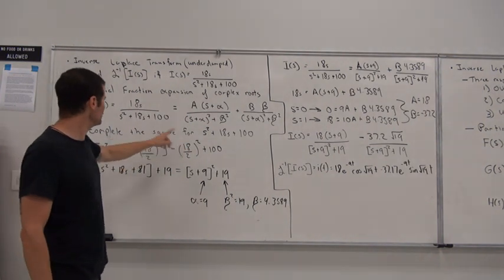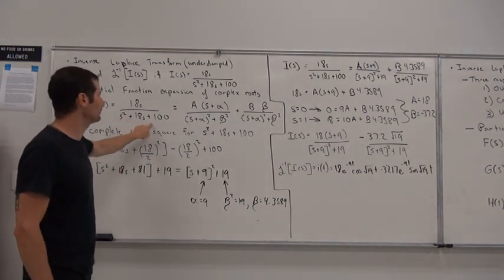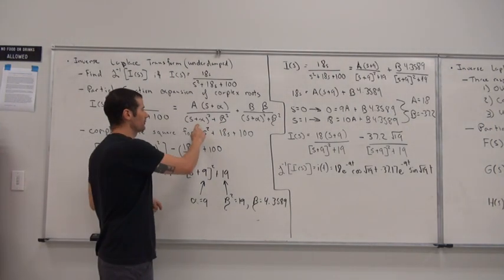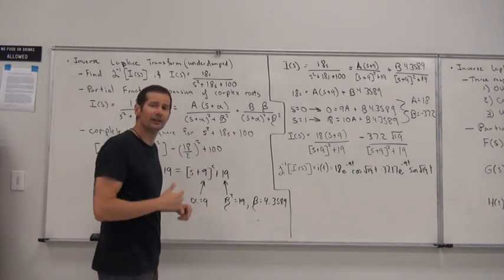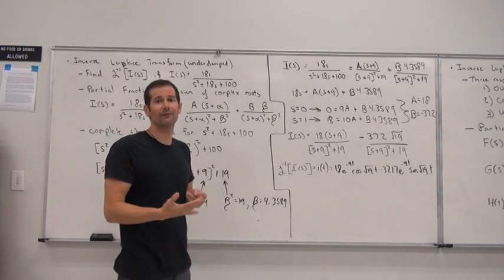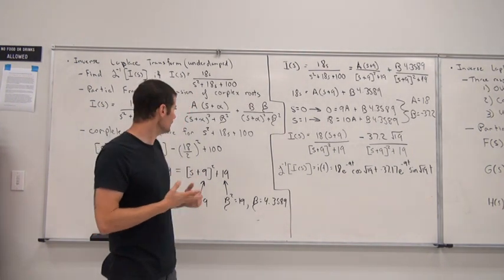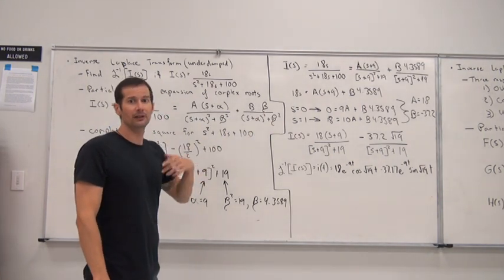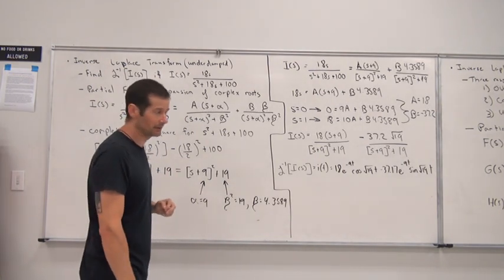So we have to complete the square of s squared plus 18s plus 100 to put it into this form of s plus alpha squared plus beta squared. We complete the square to give an equivalence that's going to render us the values of alpha and beta squared. Once we get those forms, we start performing the same type of matrix development.